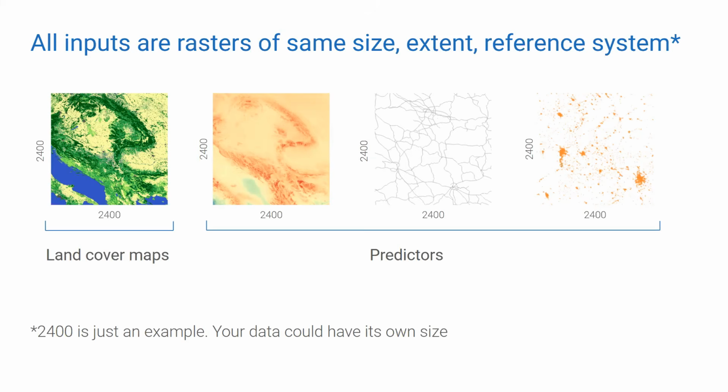For example, if you have the first land cover map as a raster with size 2400 by 2400, everything else you plan to use should be also presented as rasters with size 2400 by 2400 and in the same spatial extent. So your task is to turn everything you have into such unified rasters.